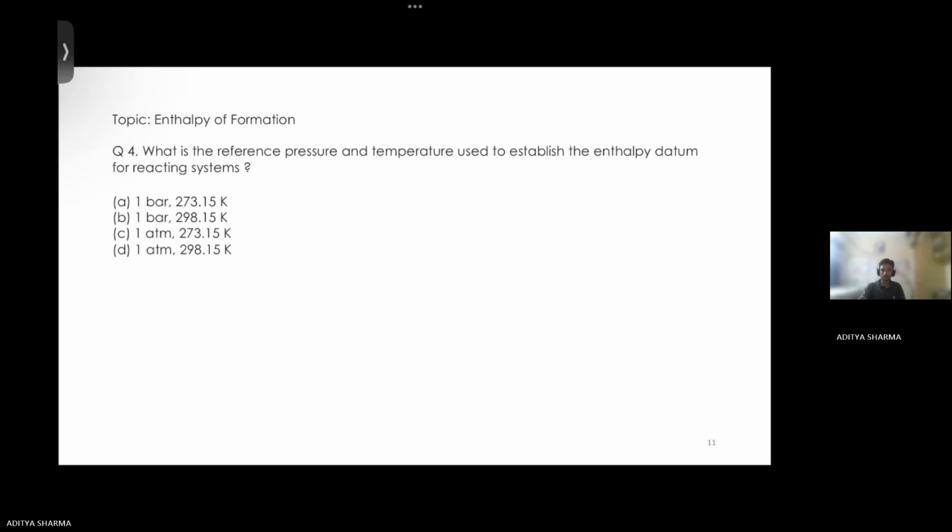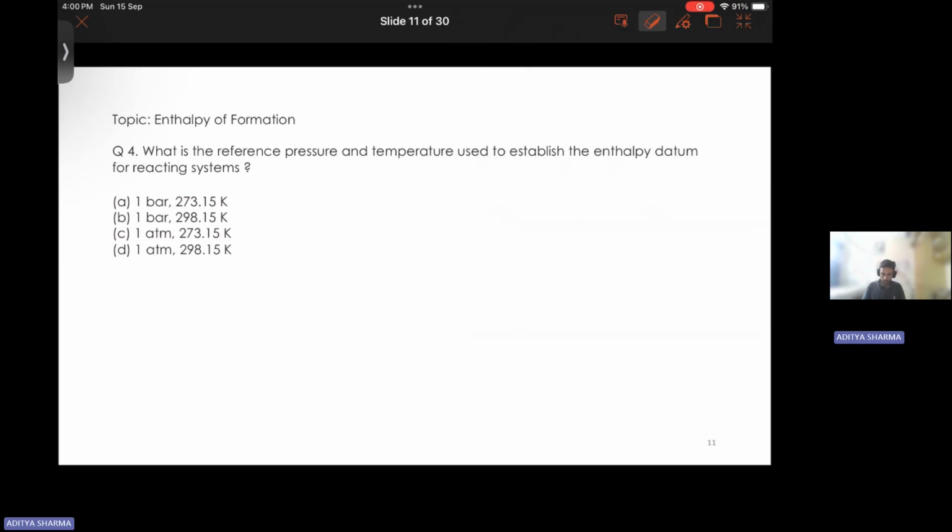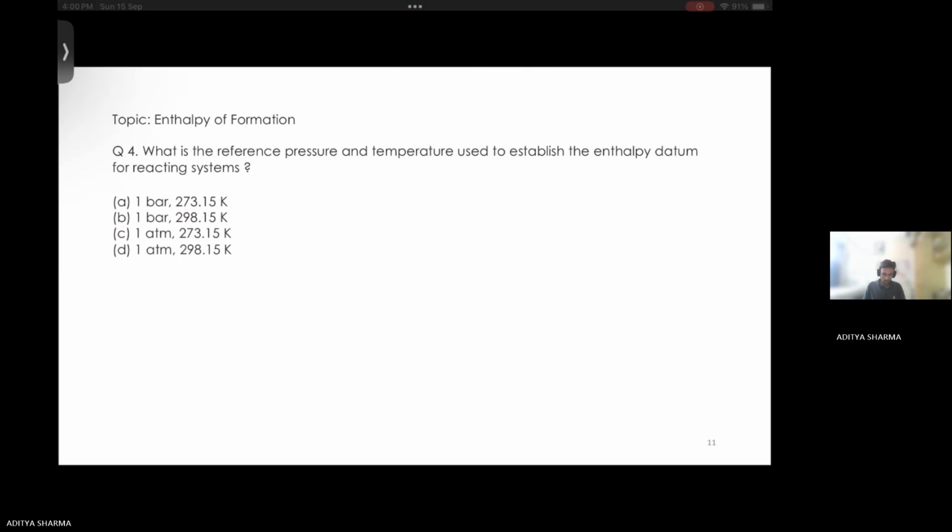So whether your option A is 1 bar and 0 degrees Celsius, 1 bar and 25 degrees Celsius, 1 atmosphere and 0 degrees Celsius, or 1 atmosphere and 25 degrees Celsius.